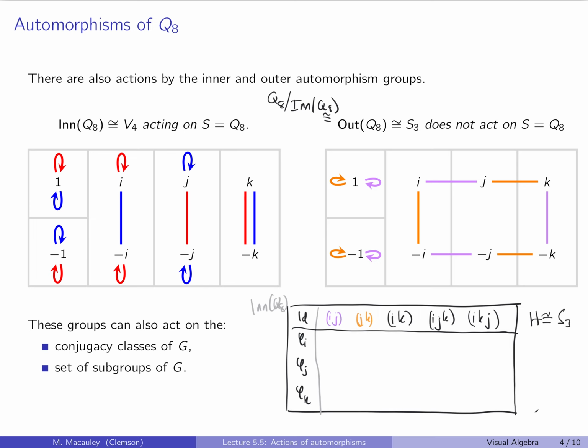So the outer automorphism group is isomorphic to this H. So this is isomorphic to the outer automorphism group of Q8. So the elements of that are the cosets of the inner automorphism group. So let's draw these cosets.